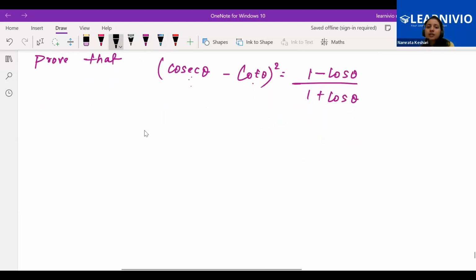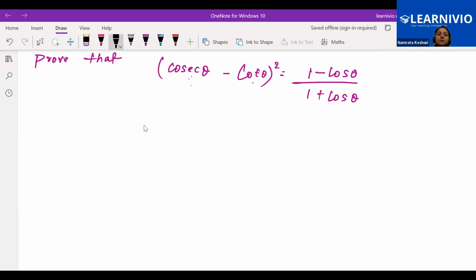Let's check it. It may work, it may not work, it depends. But let me tell you, 80% of the time it will work, not 100% of the time. Sometimes it will not work, so we have to check it.